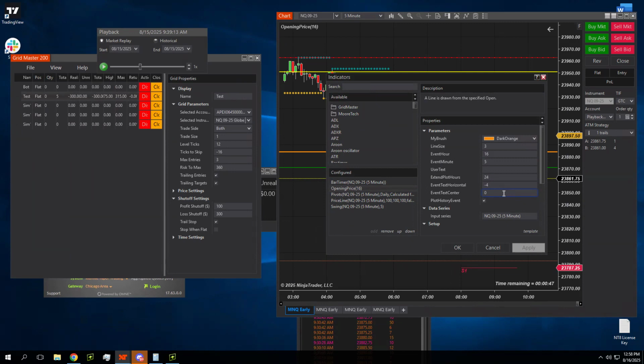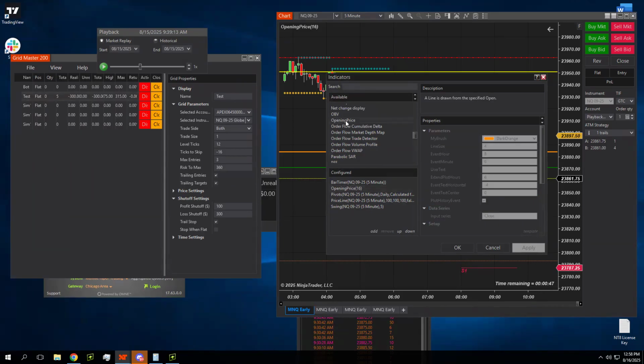You said it puts that orange line there at that time. So I could just go in at any time and put that indicator in there and it's going to do that? Yeah. I didn't even know it was on opening price. You understand? Oh, I guess it is in here. Look at that.